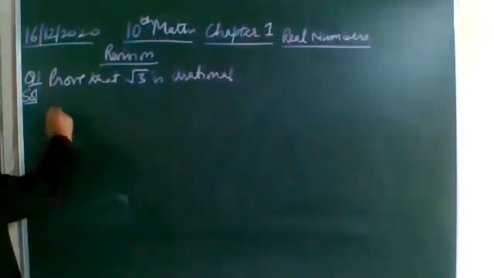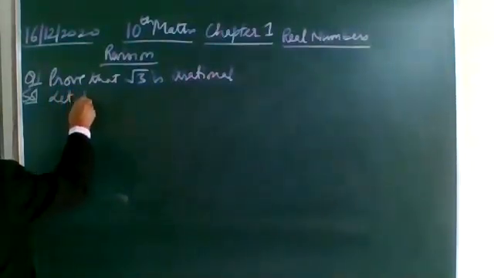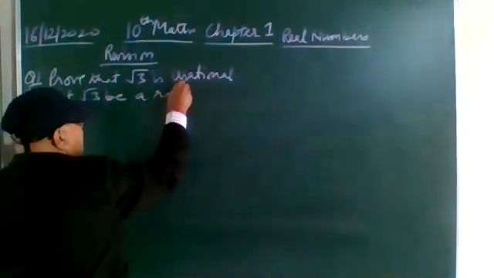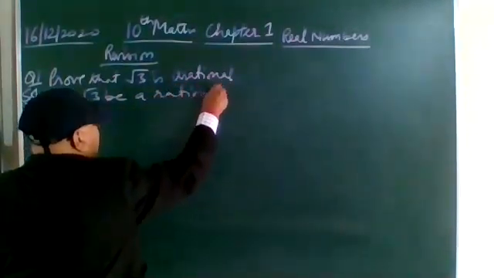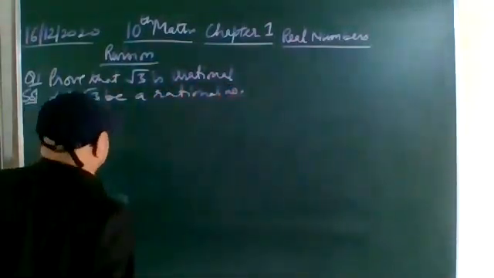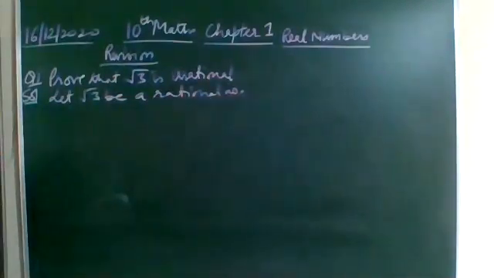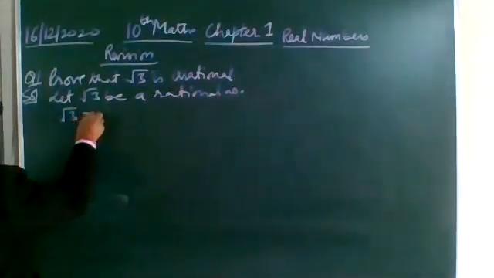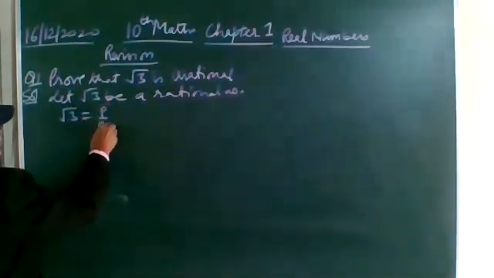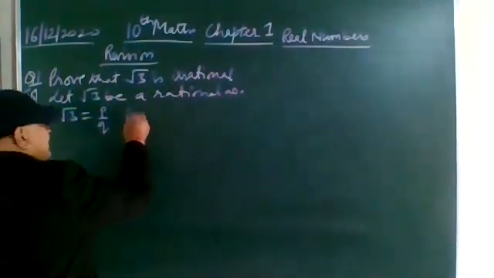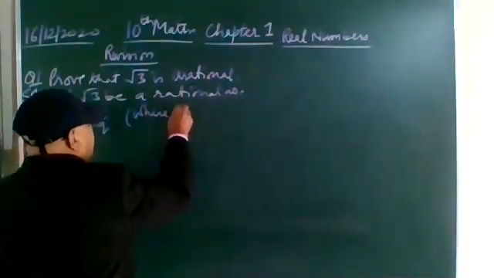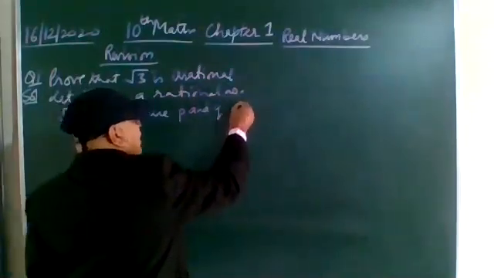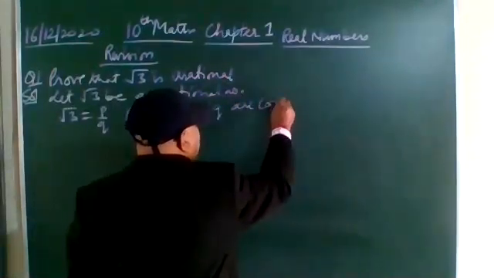Let root 3 be a rational number. You are taking it as a rational number, so you say root 3 equal to P upon Q, where P and Q are co-prime.